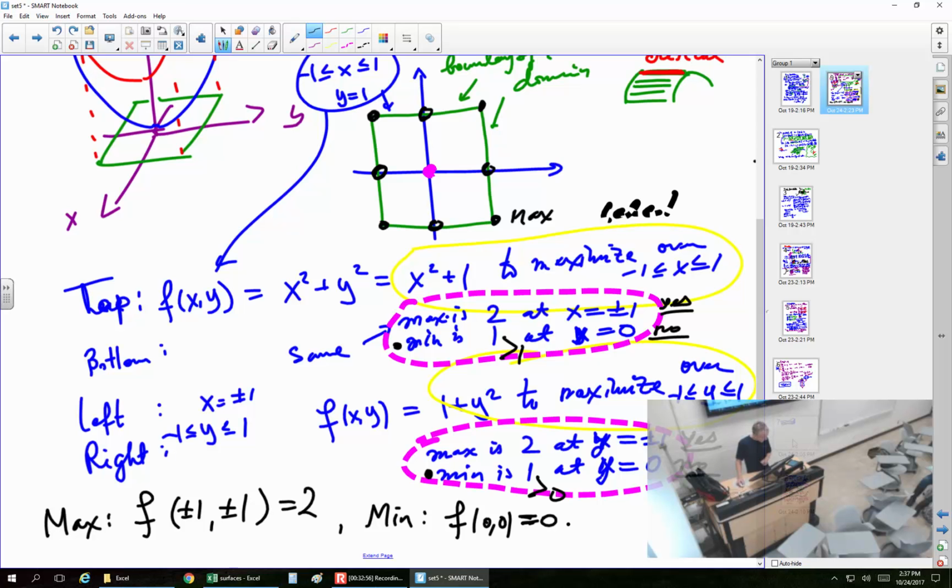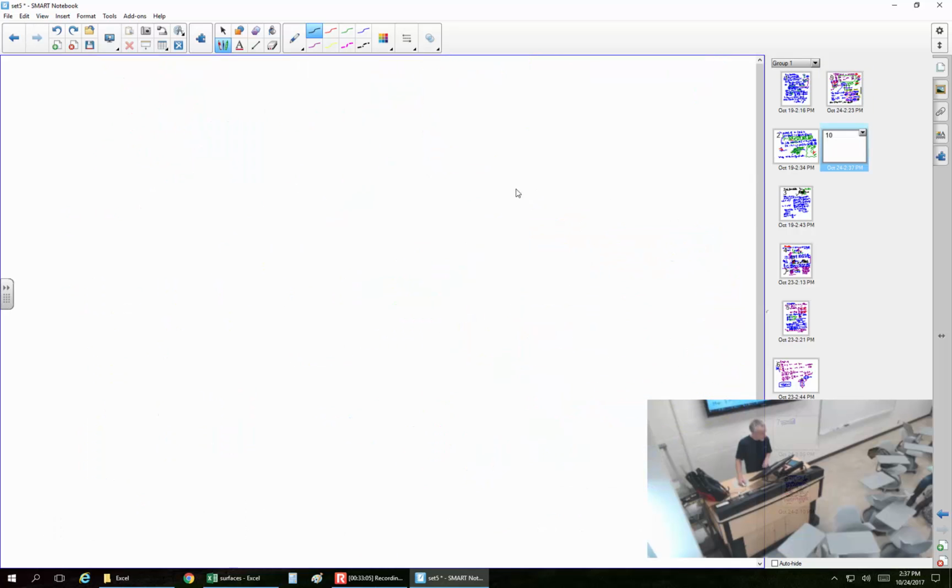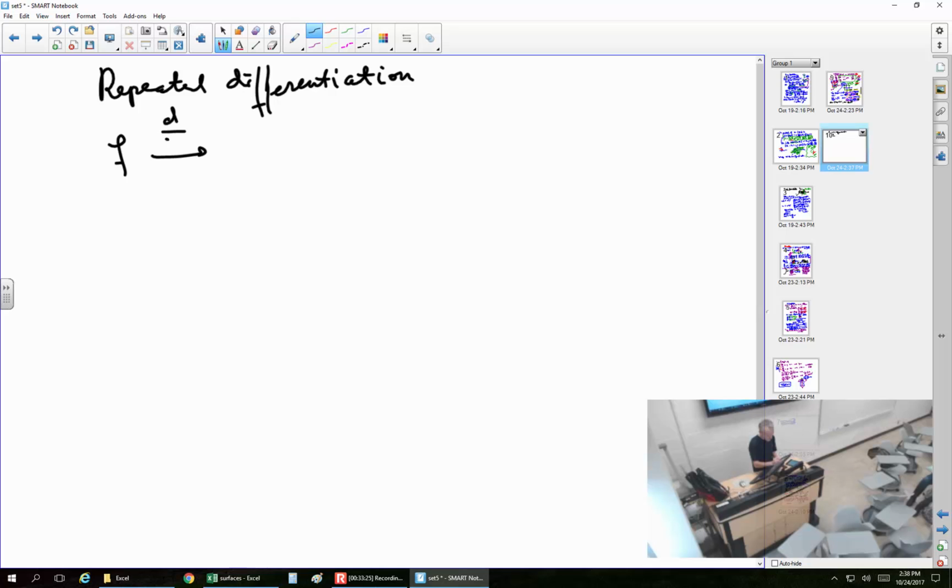Okay, so partial derivatives, which is something we didn't discuss a lot, but it deserves a quick discussion. It is a repeated differentiation, and it was so easy in calculus 1. You differentiate, and you have a derivative.